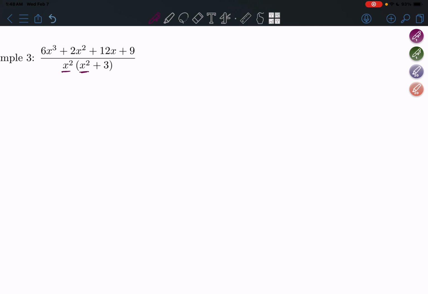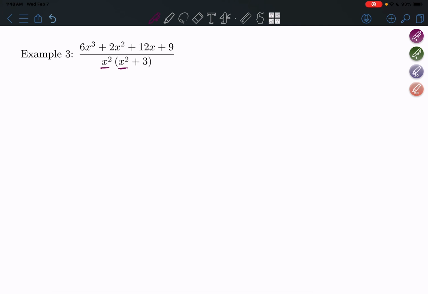So the way we should see this is that x squared is actually x repeated twice. In the setup, we're going to write 6x cubed plus 2x squared plus 12x plus 9 all over x, and I will go as far as writing x in parentheses, squared, and then x squared plus 3, just to remind myself that it is a repeated term.